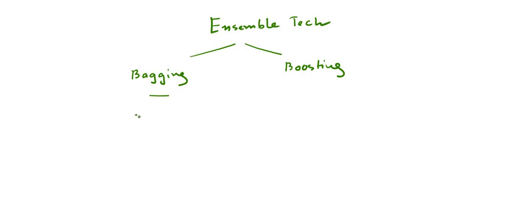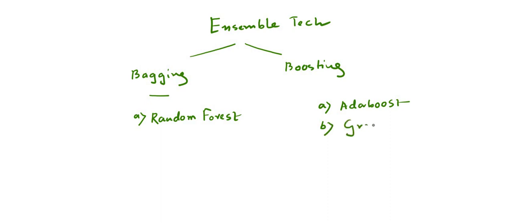Under bagging, we normally consider random forest, whereas under boosting, we have AdaBoost, we have gradient boosting, and we have XGBoost.